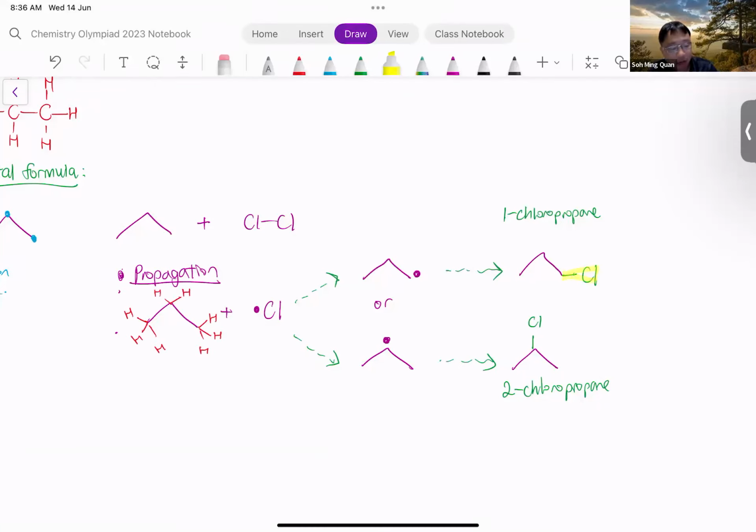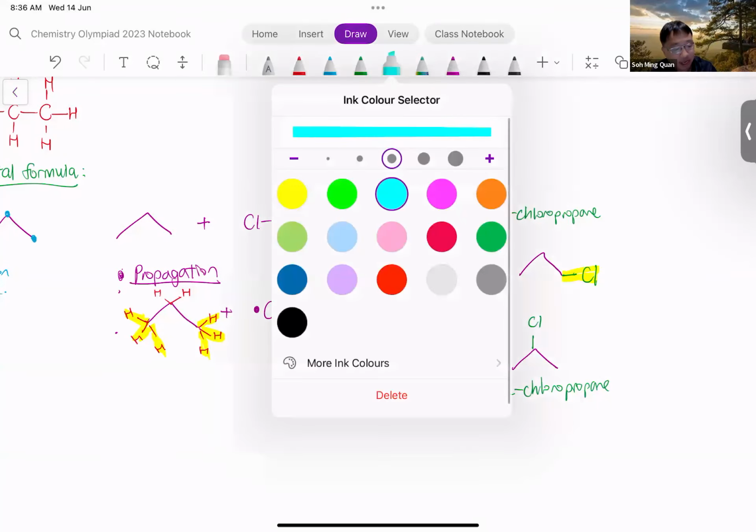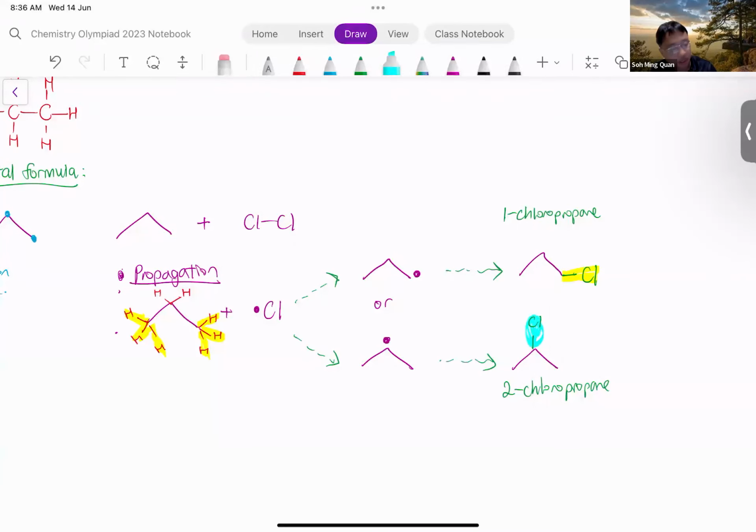For the Cl to come in at the terminal position, it can substitute any one of these hydrogens in yellow. How many are there? There are 6. Whereas, for the Cl to occur in the middle, it can only substitute either one of the 2 hydrogens.